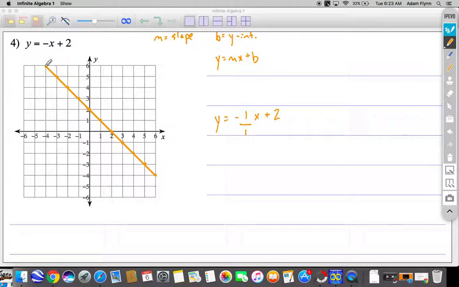Okay, and I know this line looks right because when I have a negative slope, I'll be going down from left to right, and this line is indeed going down from left to right. At this time, I would move on to the practice for graphing a line in slope-intercept form.